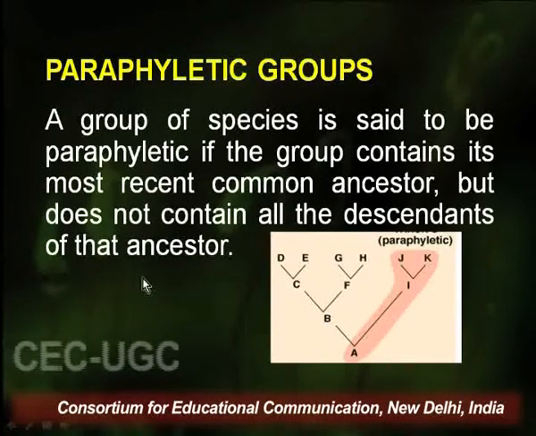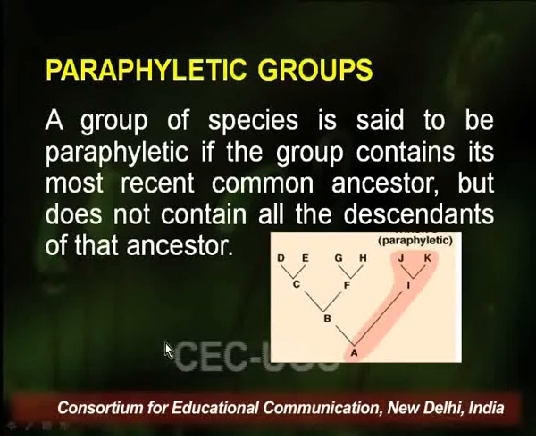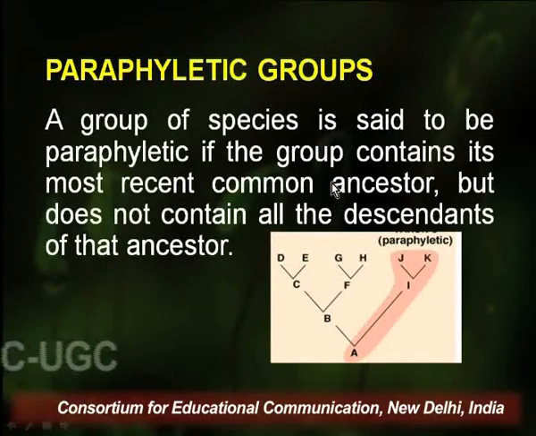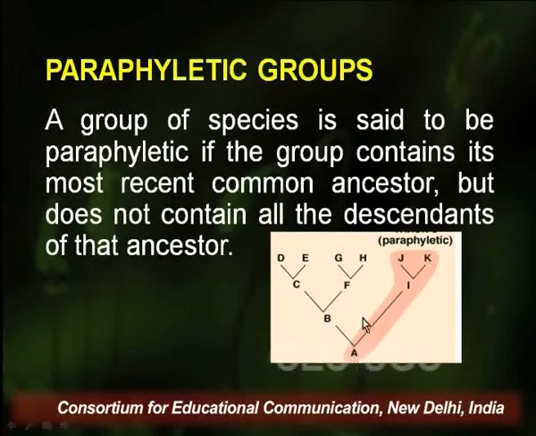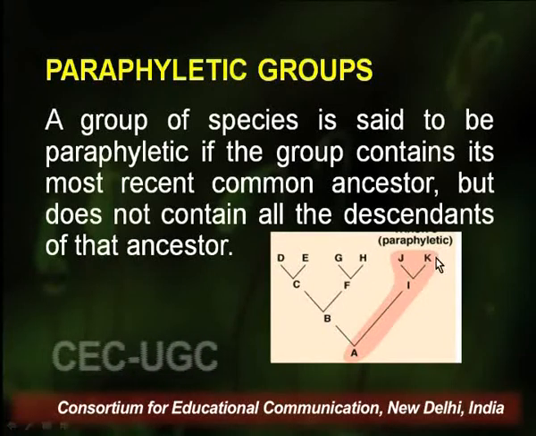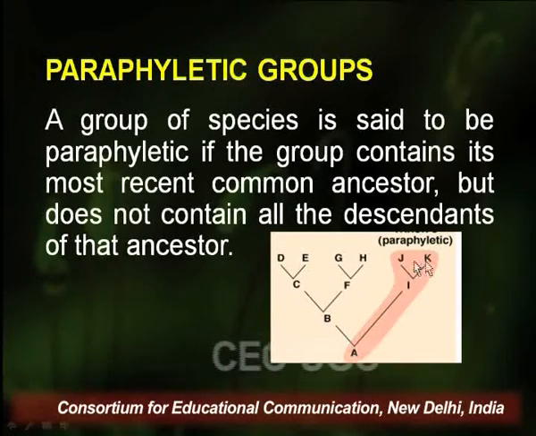Now, what are paraphyletic groups? A group of species is said to be paraphyletic if the group contains the most recent common ancestor but does not contain all the descendants of that ancestor. So, if we see this line of evolution, we can see that these two are paraphyletic. Why?